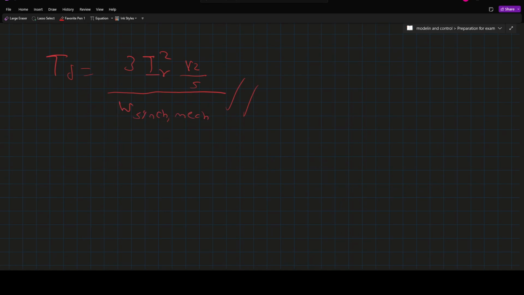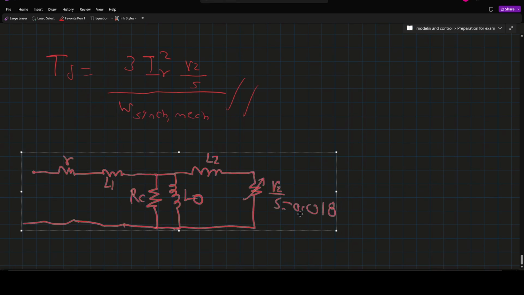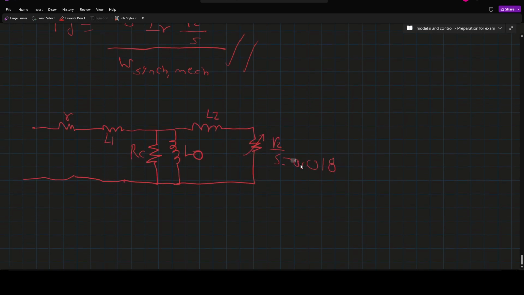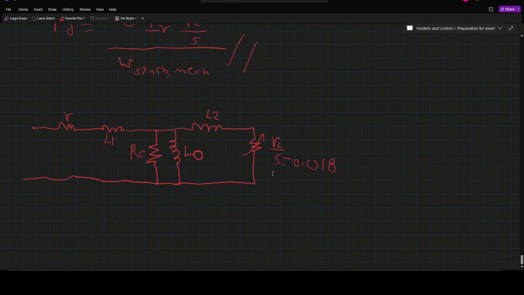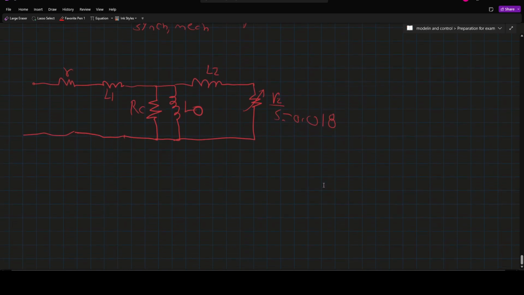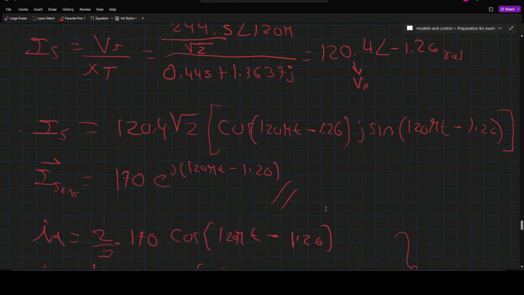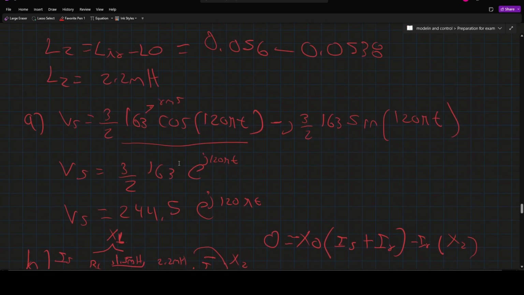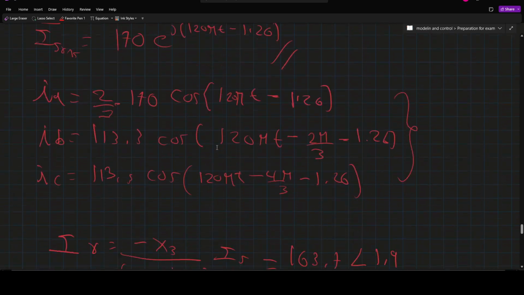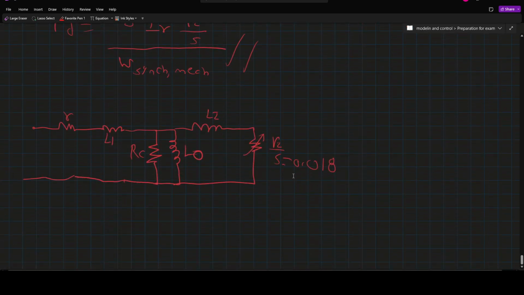So for this case, we have our circuit, but this time we don't actually have a slip of 1, because that was for a slip of 1, but now we have a slip of 0.018. So we need to do the same that we did over here, all of this, to figure out IR, to figure out IS, but this time with an R2 over S.